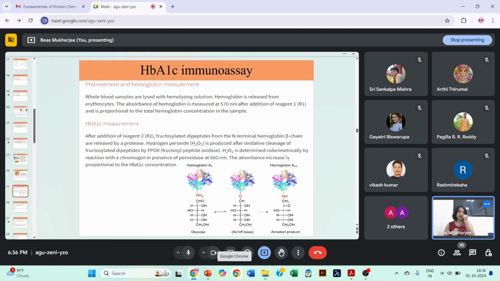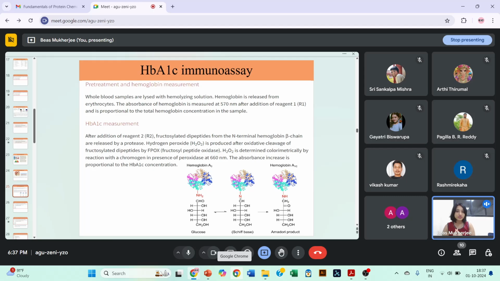After that, they are adding a particular reagent. This is referred to as R2. You can check again what the content of this R2 is. Then fructosylated dipeptides from the N-terminal hemoglobin beta chain are released by proteases.